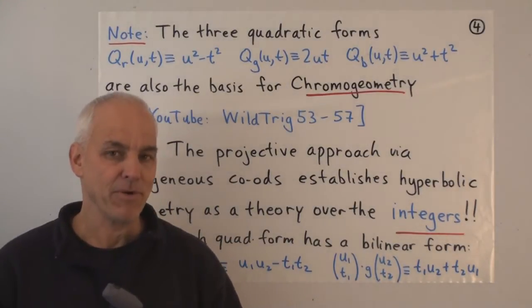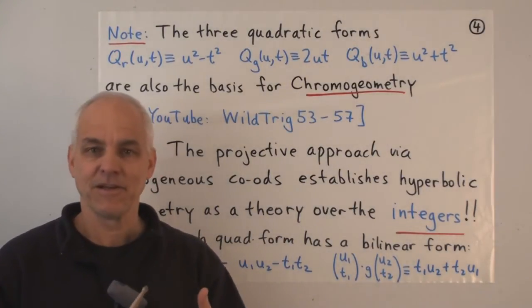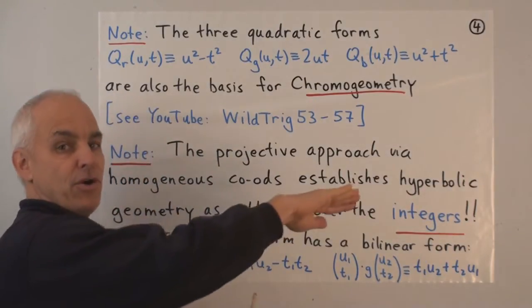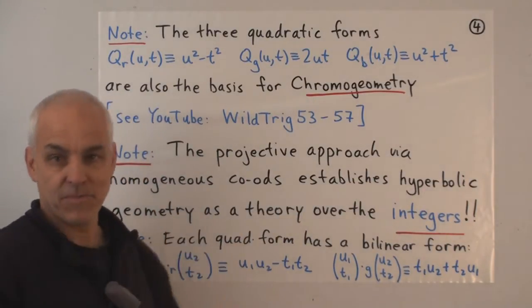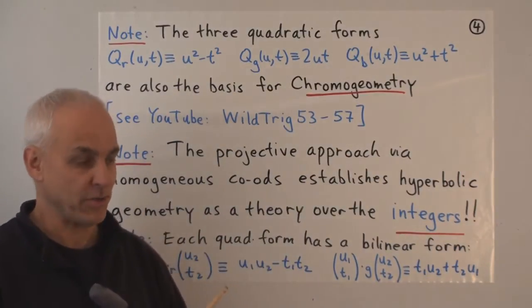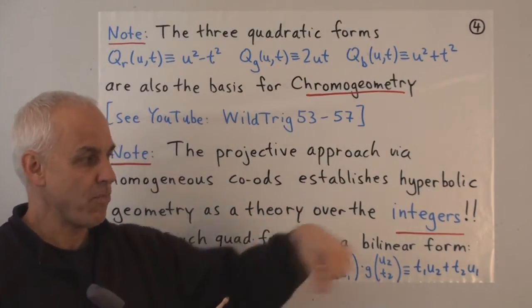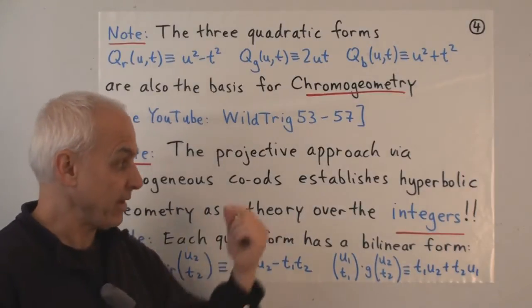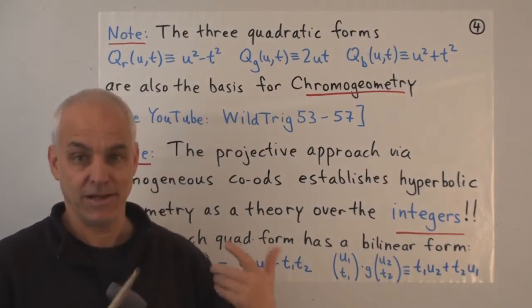The rational numbers can be finessed by using that third coordinate in our proportions for the denominators to go. So we can always clear denominators by using that third coordinate so that the three elements are actually integers.